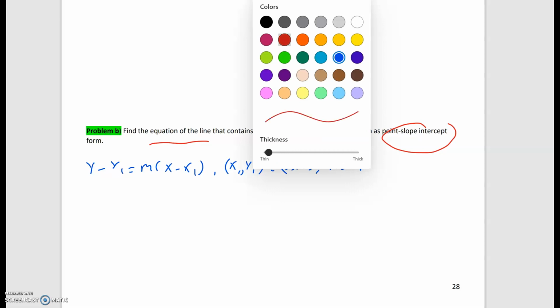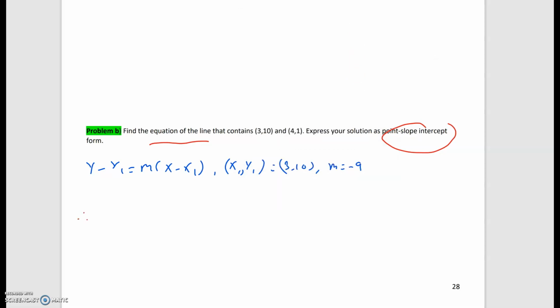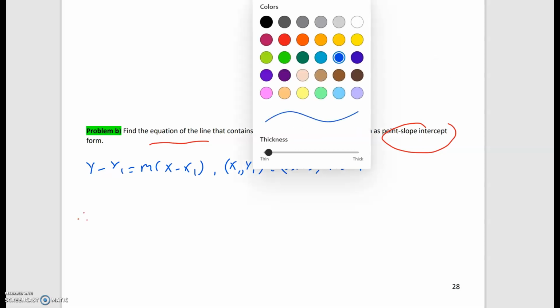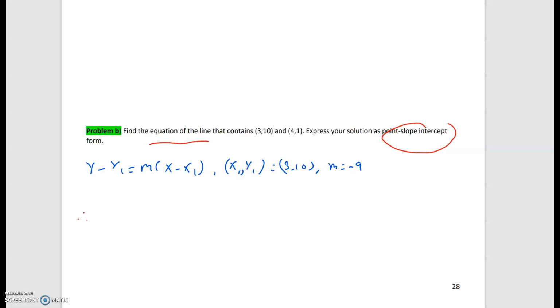So as your main solution, we're just going to rewrite it. In this case, let me write it as the equation is y minus, this is supposed to be a comma, you guys, sorry.